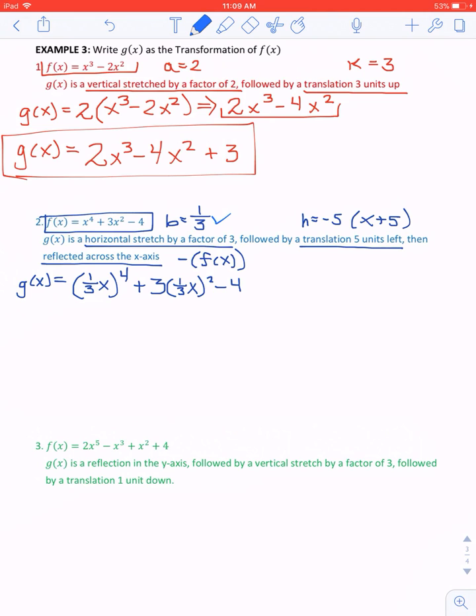We need to take all of our x's and make them an x plus 5. See if you can do that. It needs to go inside your parentheses.